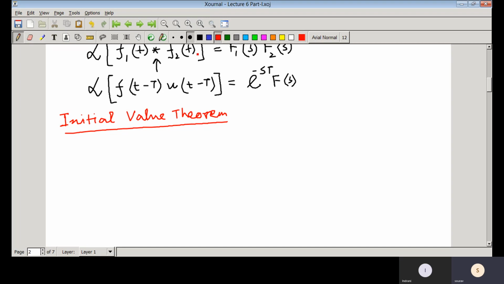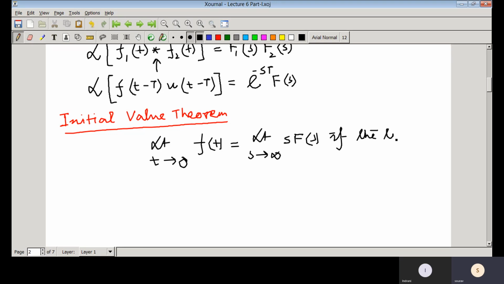So the initial value theorem states that limit t tends to 0 of f(t) is equal to limit s tends to infinity of sF(s), provided that the limit exists.